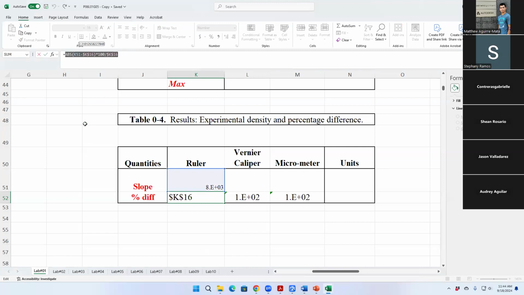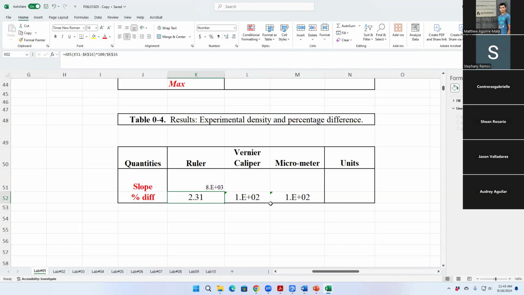ABS, open parenthesis, K51 minus $K$16, close parenthesis. Does it need to have those dollar signs? I don't have to, but it's better in case you need it later on. Then times 100, divide by $K$16.